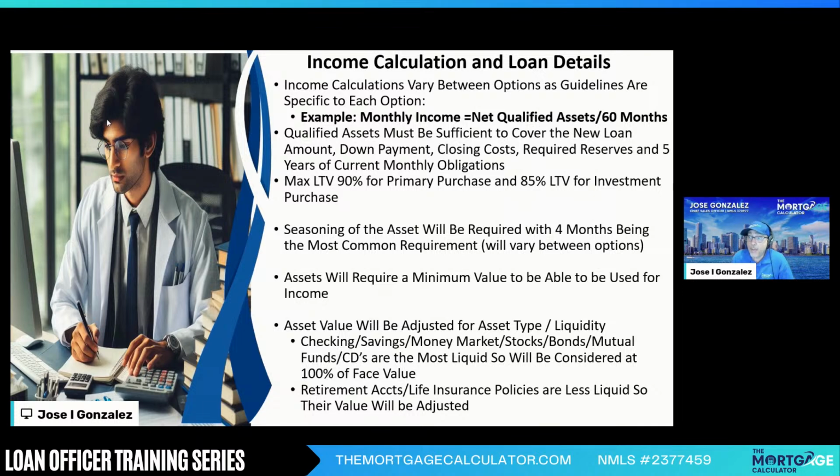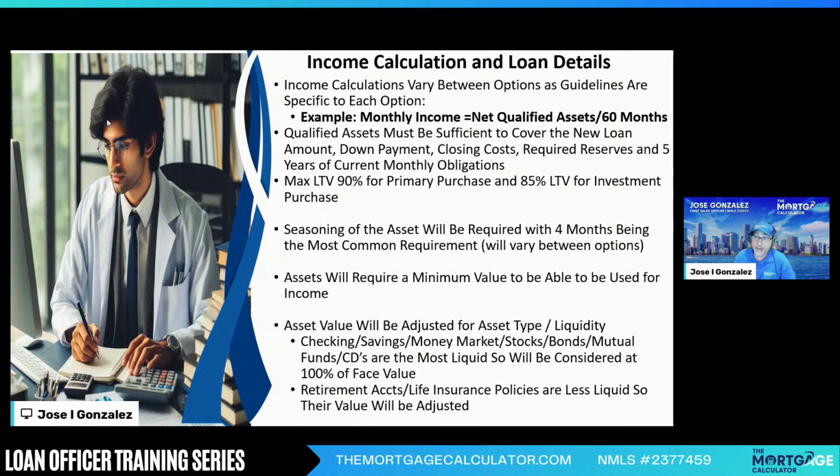And probably another of the most missed points when calculating the income and determining your qualified assets and the net qualified assets amount is that the asset value will be adjusted for asset type and the liquidity associated with each asset type.